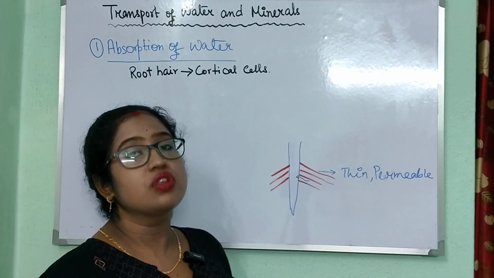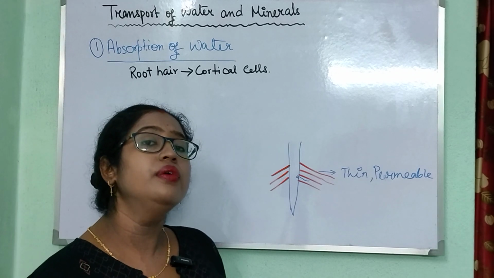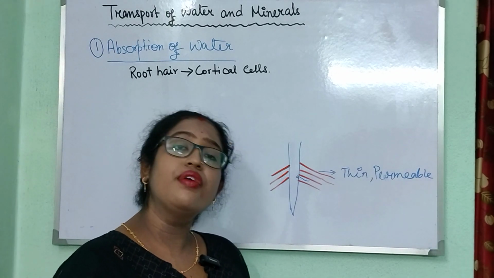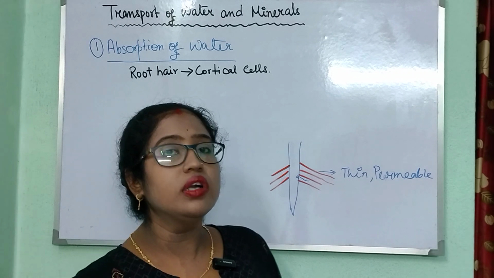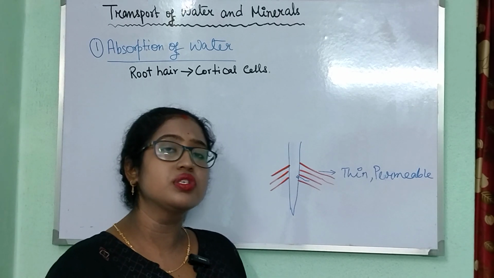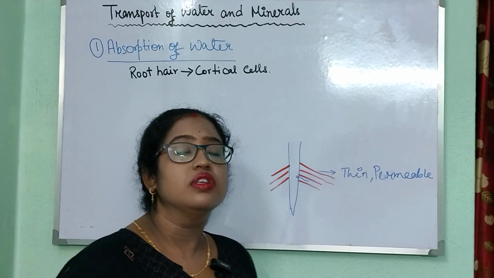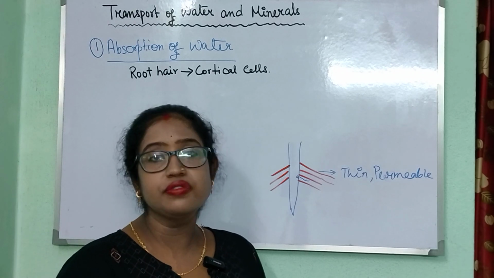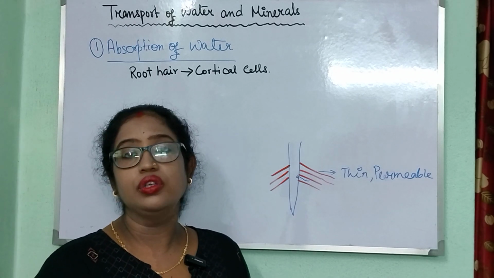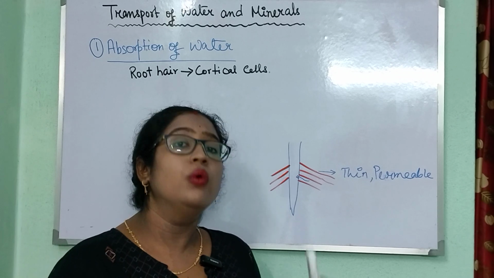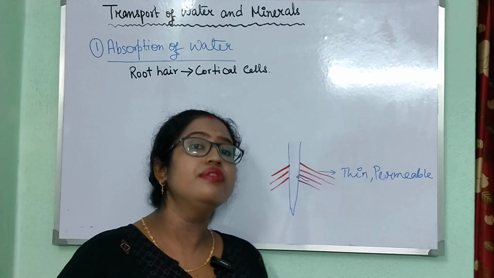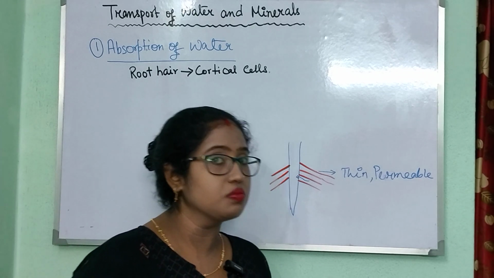And when the solutes transfer from higher concentration to lower concentration and make both the solutions equal, that process is known as diffusion. But when the solutes transfer from a lower concentration gradient to a higher one, that process is known as osmosis.